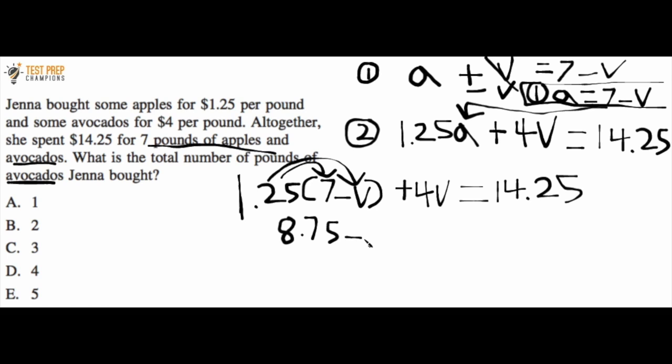So I have 8.75 minus 1.25V, and then the rest just comes along for the ride. So plus 4V equals 14.25.